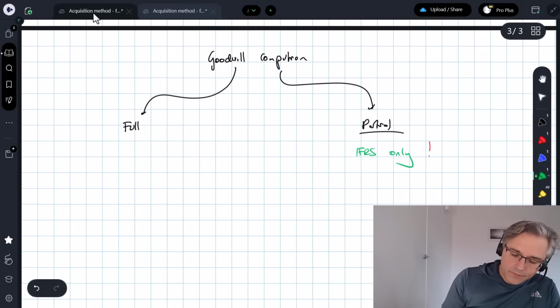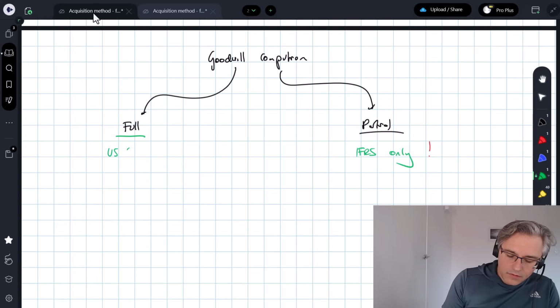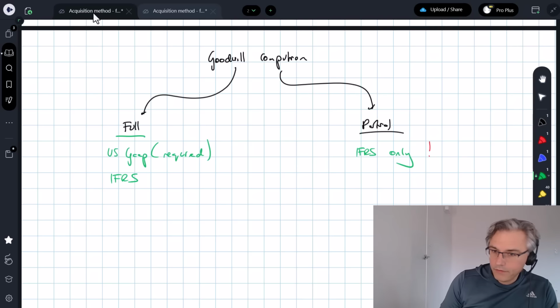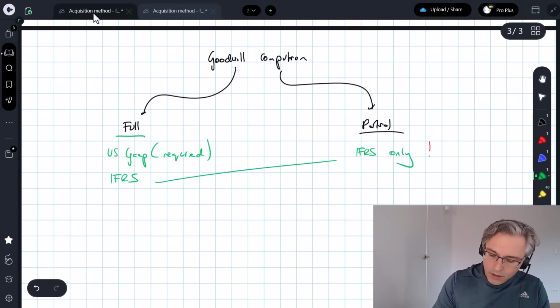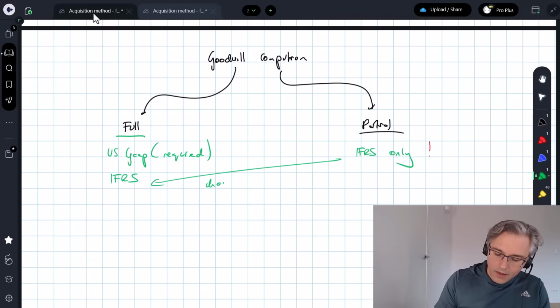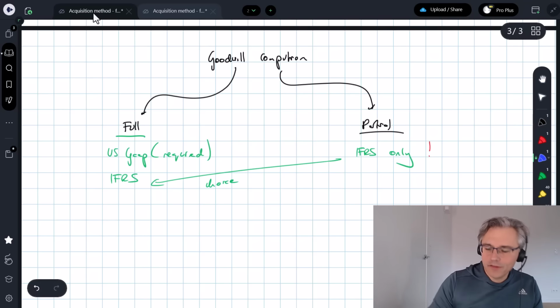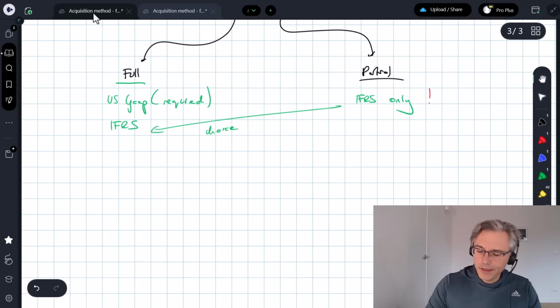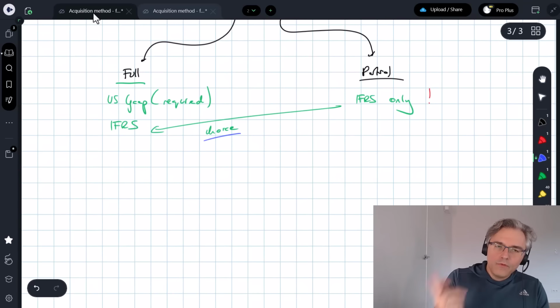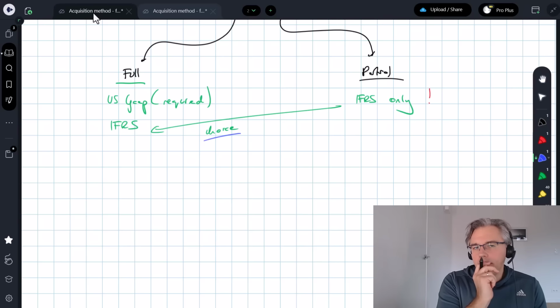The full is actually required under US GAAP and allowed under IFRS. So under IFRS you've got a choice. And one thing the examiner may want to test you on, but I don't really know why, that choice, which way of computing goodwill to follow, obviously they will give different results. The full method will show you more goodwill and more non-controlling interest than the partial method.